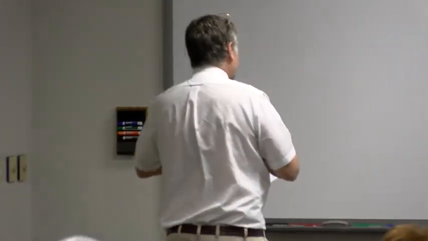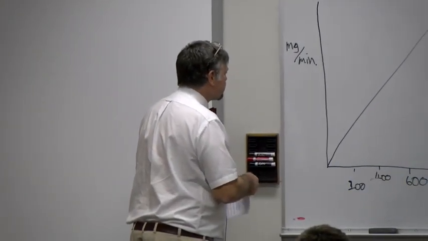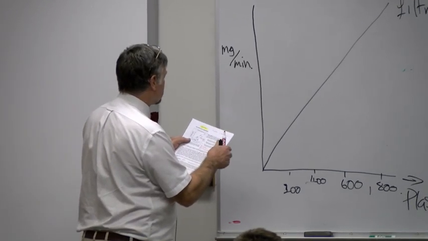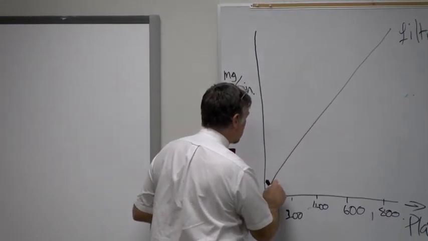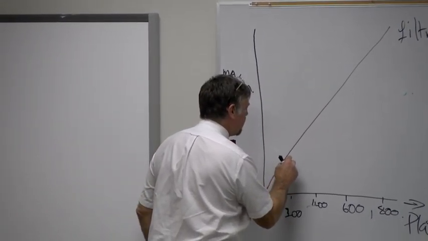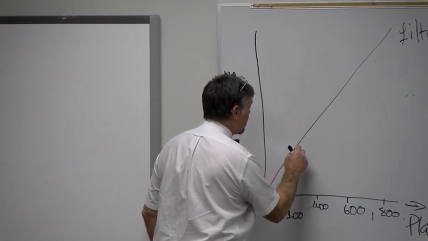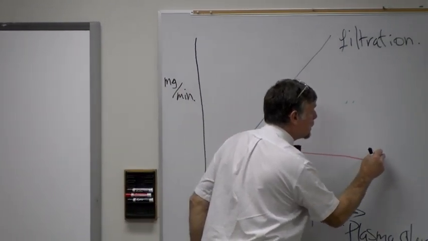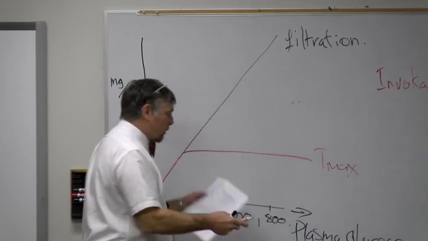Okay? So under normal circumstances, let's use a different color. 100% is reabsorbed, right? So the red line is reabsorption, but it has a Tmax, or transport maximum.